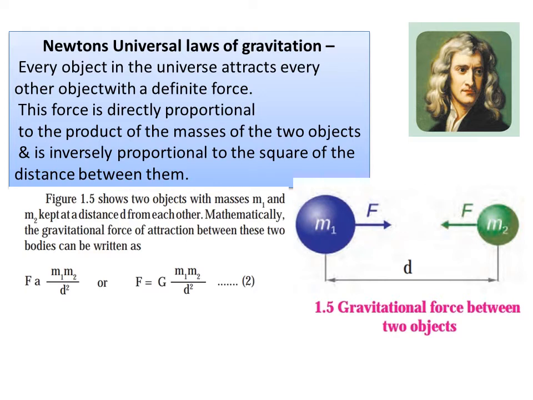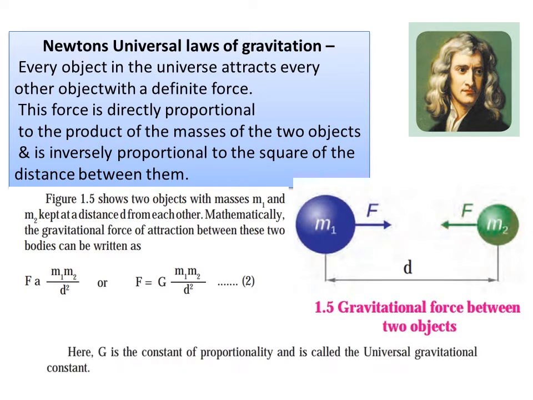After solving, we get F equal to G into m1 into m2 upon d squared. Therefore, G is the constant of proportionality and is called the universal gravitational constant.